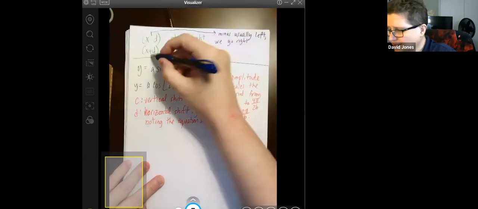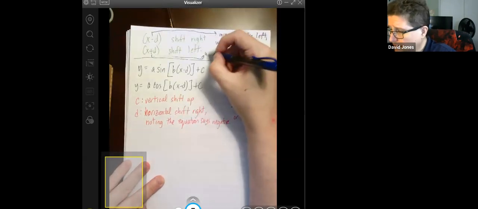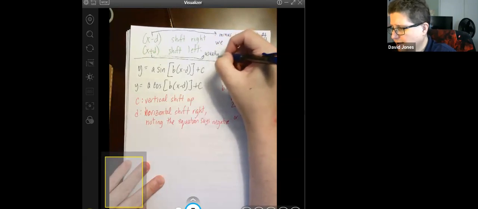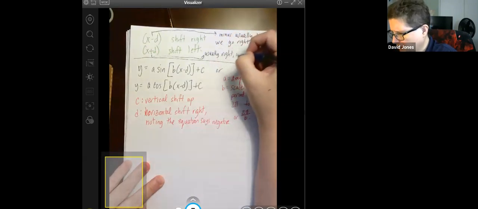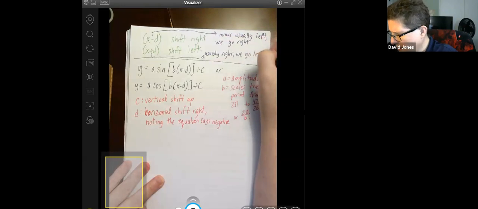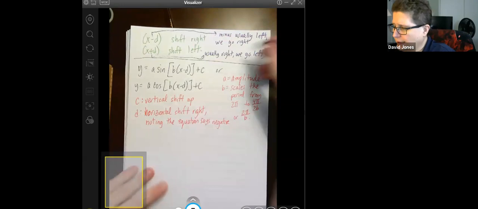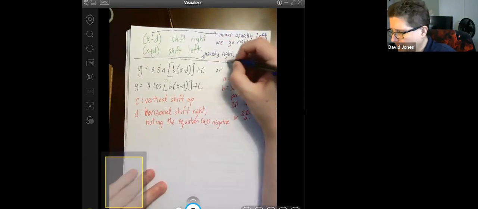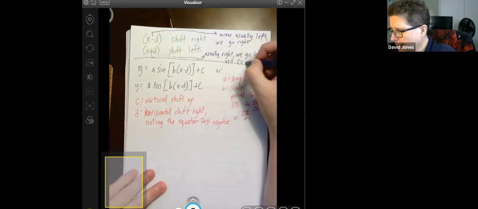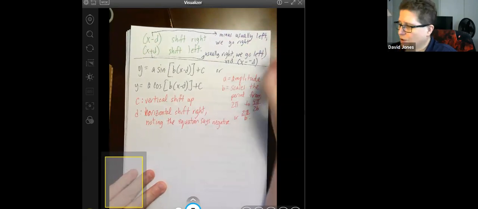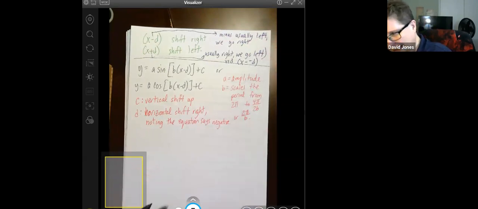And positive is usually right, but we go left. Because x plus d is really like x minus negative d. We're having a negative d, so we're going left.